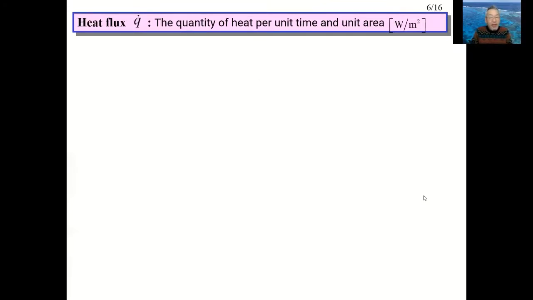Heat flux is defined in the last slide as heat quantity per unit time and unit area. Its unit is joule over square meter or watt over square meter, and its symbol is small q dot here.